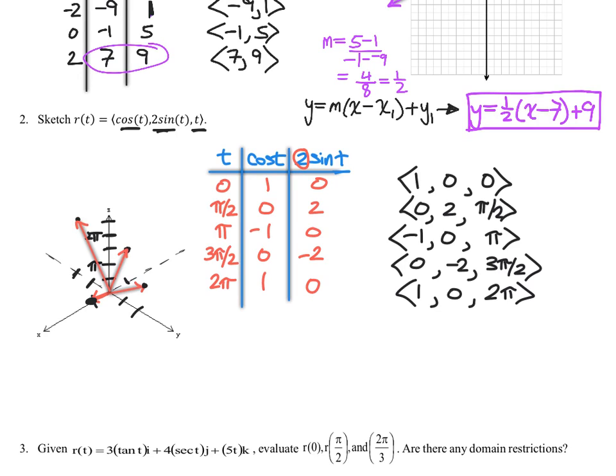And then the last one is 1, 0, and then 2 pi. I know where 1, 0 is, but now I've got to go 2 pi up from there. So that's going to put me right here, actually smack dab in the middle of my 2 pi label. So I'll plot a point there.